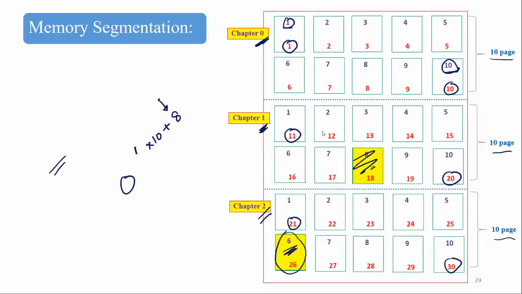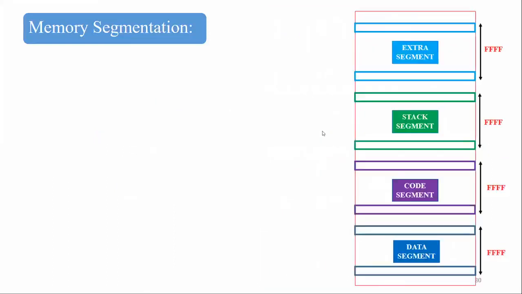What is the page number of that chapter, and what is the overall page? The page number of the chapter is 6 and the overall page is 26. So how can we calculate 26? We can calculate it like before, it's 2 into 10 plus 6. Okay, thank you. So the same thing, 2 into 10, 26.